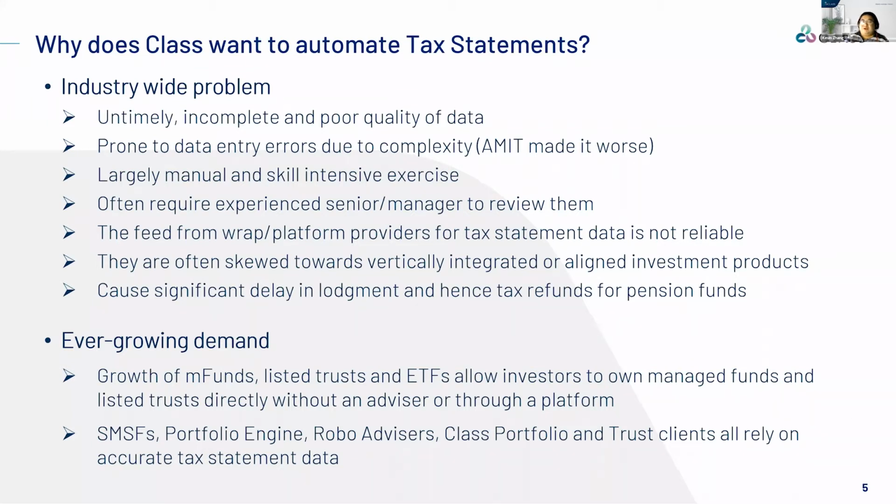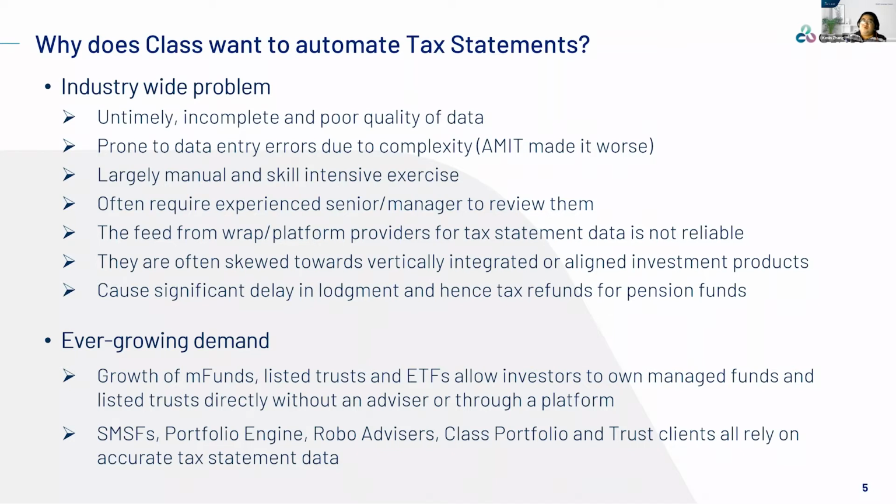No industry providers or suppliers have even close to the complete set of distribution tax statement data. Yes, we have heard of wrap and platform providers, but their tax statement feeds are often not that reliable, and they are often skewed towards their vertically integrated products.